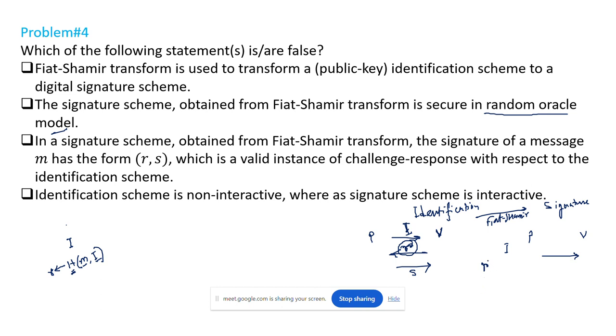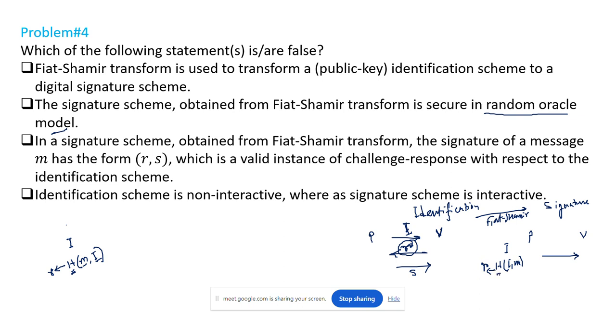But to ensure that the prover has no control over the challenge R, it is necessary that H is modeled as a random oracle. Because H is a random oracle, the response of this random oracle cannot be controlled by the prover. It is going to be completely random over the challenge space.